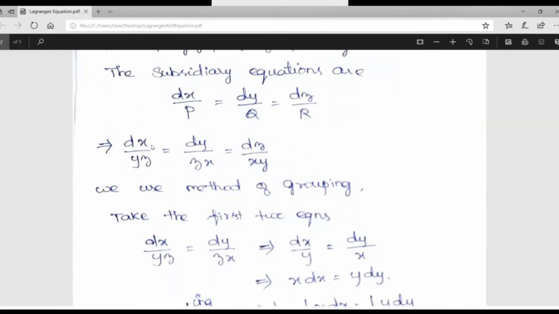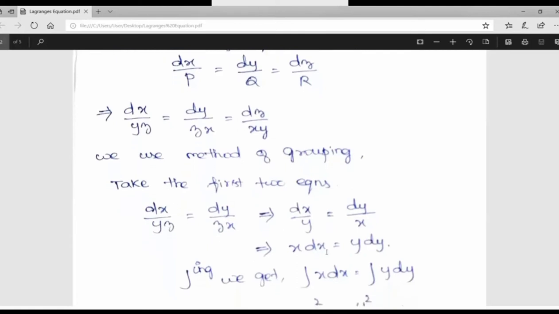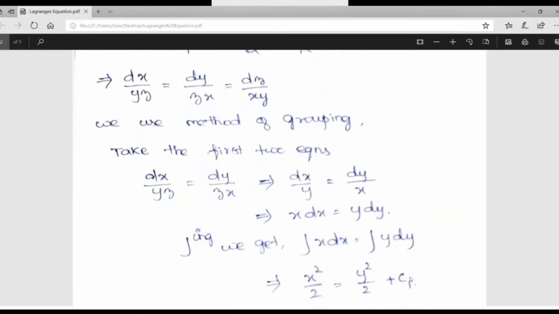So first we take the first two equations, that is dx by yz and dy by zx. Here in both denominators we have z as common, so we can cancel that z. We get dx by y equal to dy by x. Cross multiplying, we get x dx equal to y dy. Integrating x with respect to x, we get x square by 2.